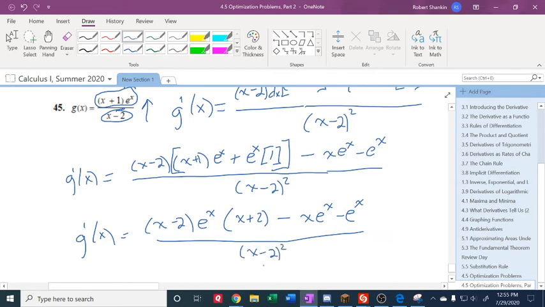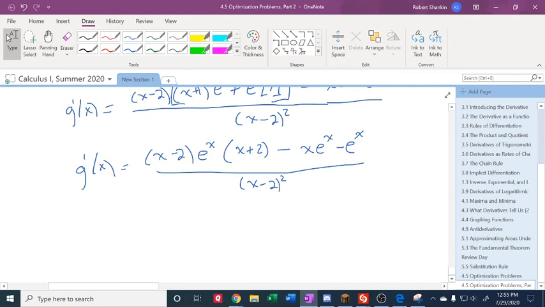And that would be it. It's about as simplified as I can get that. You could factor out an e to the x out of both of those, but that's just a formatting issue.